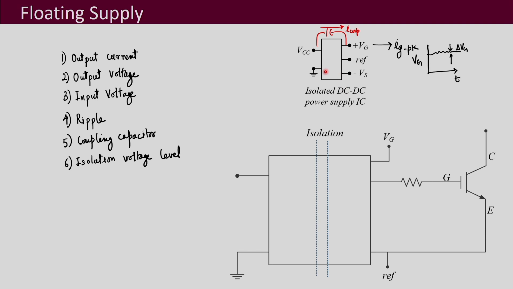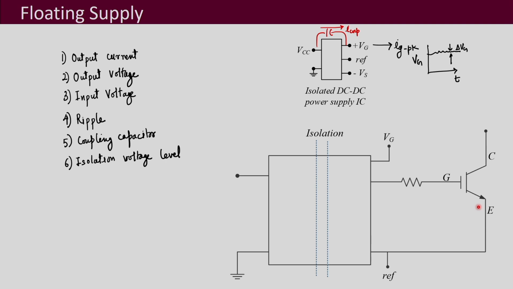Because if it is not going to give you isolation for the voltage range for which you are going to use your IGBTs, then you basically have an isolated power supply IC, but it won't be useful for you. So, that isolation voltage level also you should be checking for.